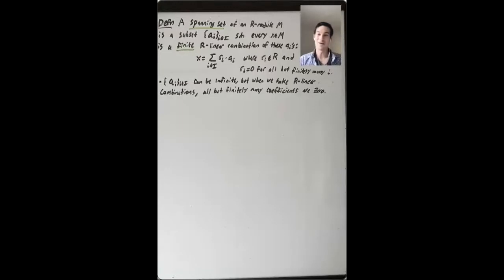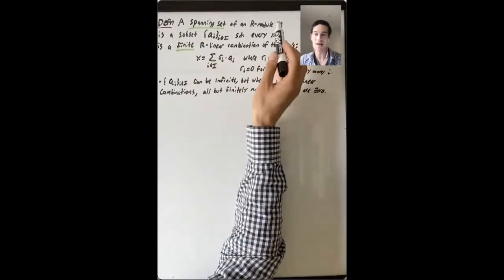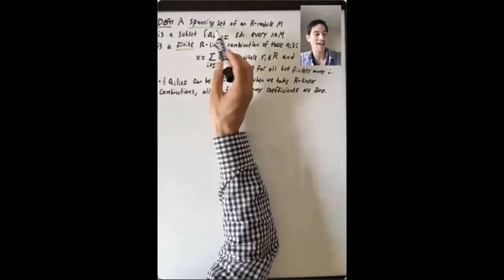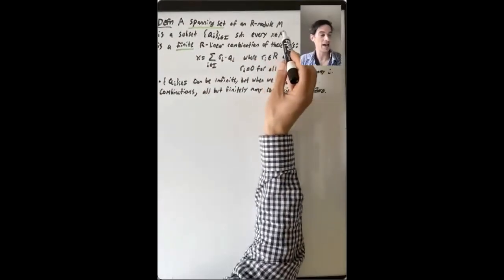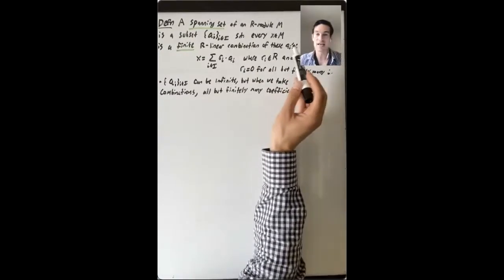We've talked about R-linear combinations and recalled the notion of the span of a set of vectors. A spanning set of an R-module M is a subset, a collection of a_i's that all live in M, such that every element x in M is a finite R-linear combination of these a_i's.